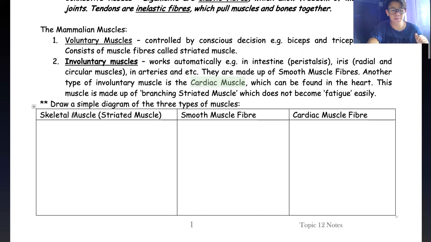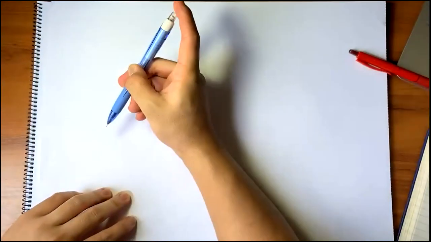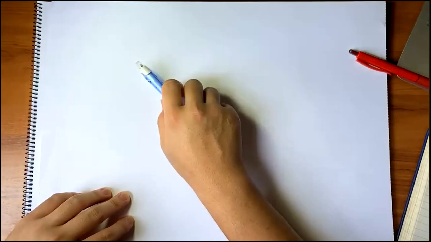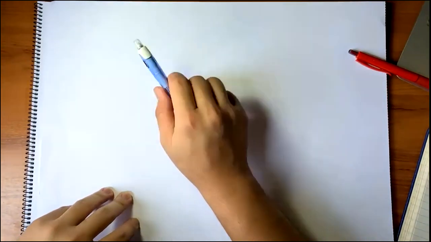And if you can see here, it says draw a simple diagram of the three types of muscles. So let me just show you how the drawing should look. This is the drawing that you should have for your skeletal muscles.